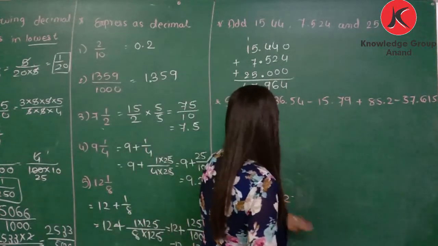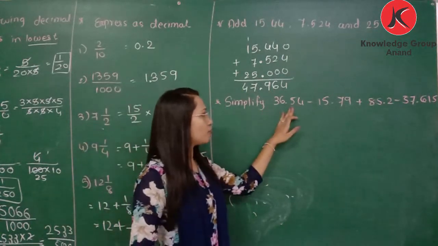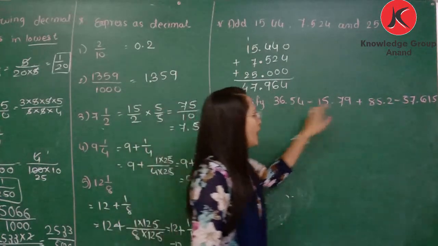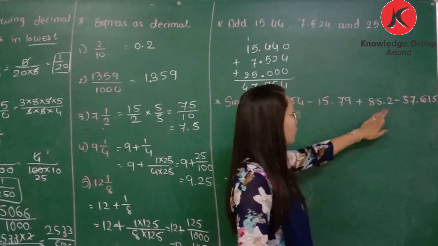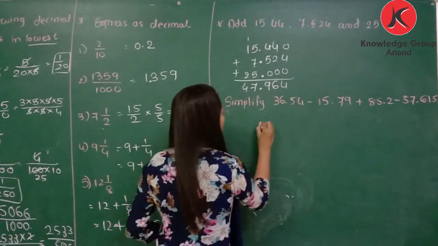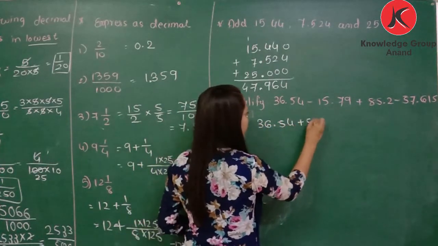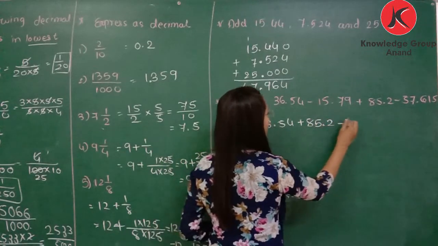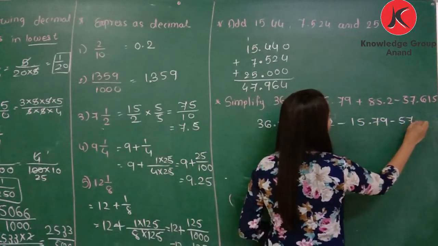If there is a simplification example, so here 36.54 is positive and 85.2 is positive. So let's add 36.54 and 85.2. So 36.54 plus 85.2, minus 15.79, minus 57.615.